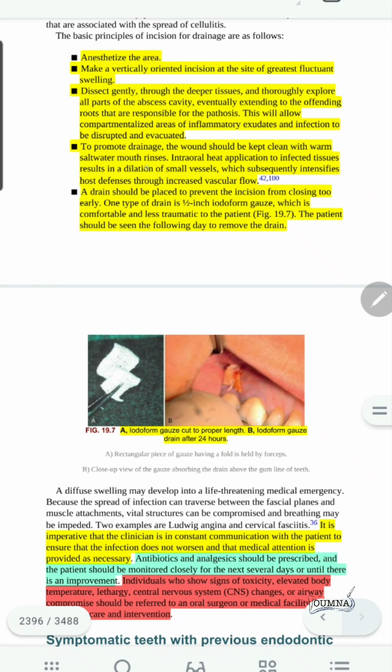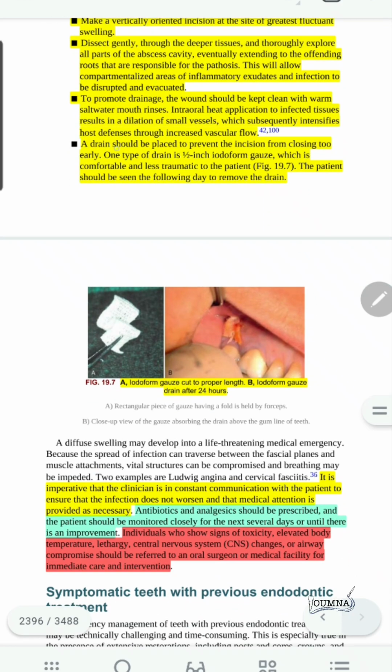This will cause a dilation of the small vessels and will intensify the host defenses through the increased vascular flow. Then we apply a drain, which in its simplest form is composed of an iodoform gauze that is cut to a proper length and sutured to the site to prevent its closure.